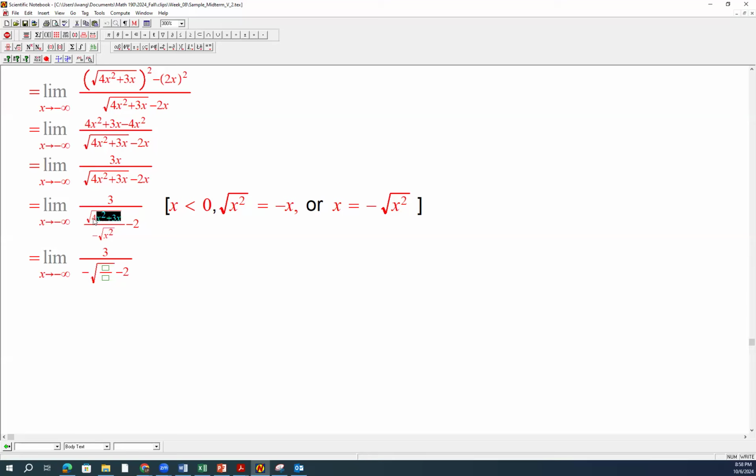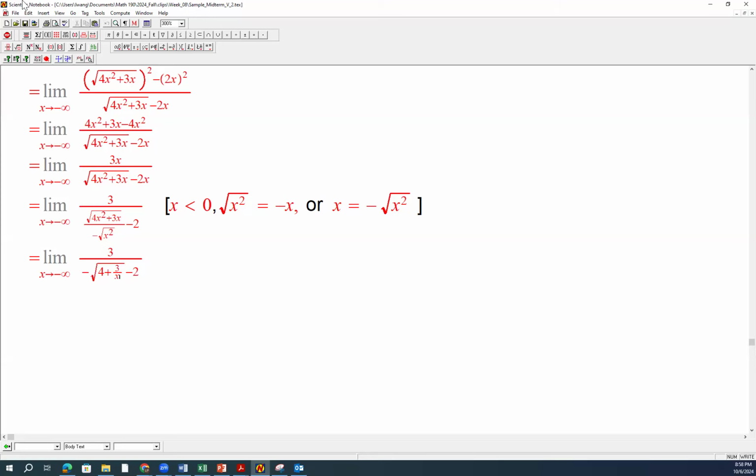So the top is 4x squared plus 3, the bottom is x squared. Oh, sorry, x squared. So x squared goes into 4x squared, we get 4, and the other one we get 3 over x squared. So this is going to be 4 plus 3 over x squared.